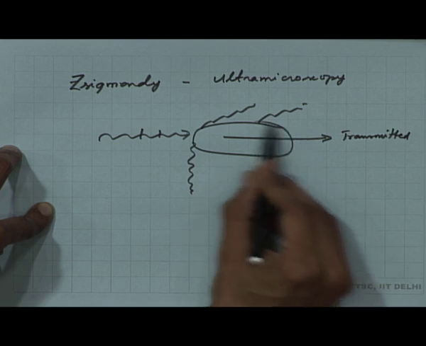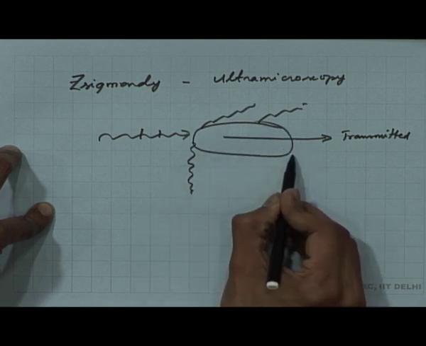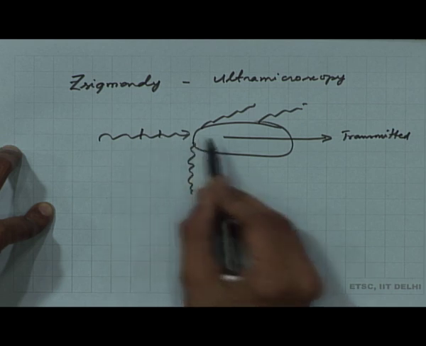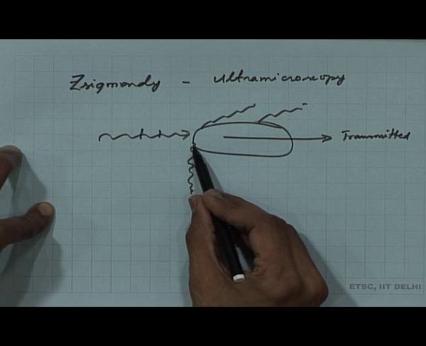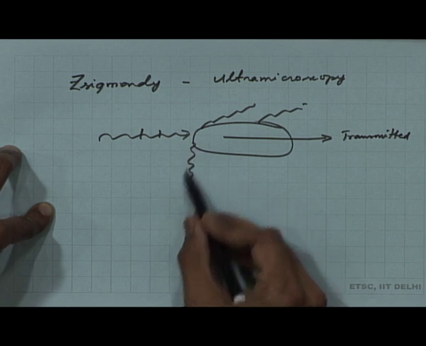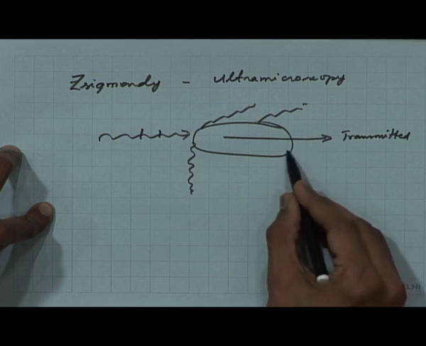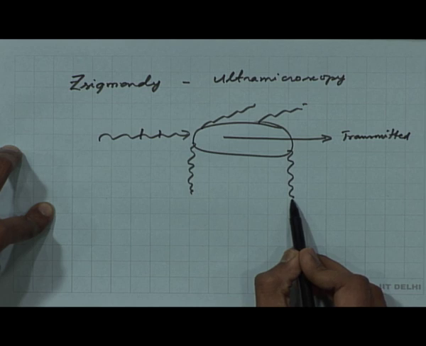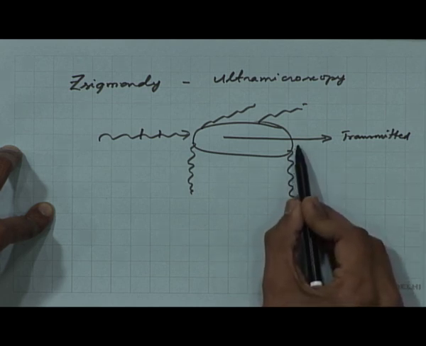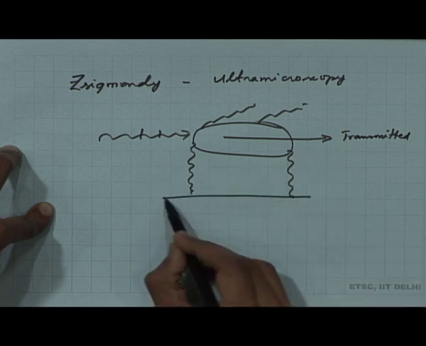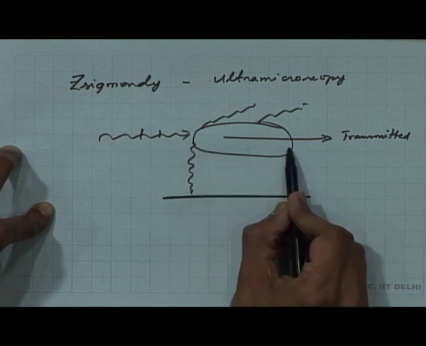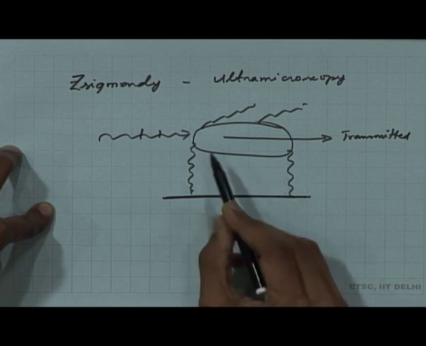Now, if the size of the particle is almost the same size as the wavelength of the light that is used, then a wave that is scattered from one side of the particle will be out of phase with the wave that is scattered by the particle at the other end. So, in this plane, the two waves that come from these two edges of the particle are out of phase, or they mix randomly.